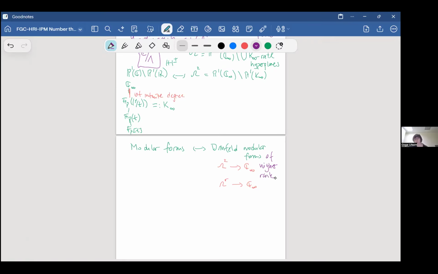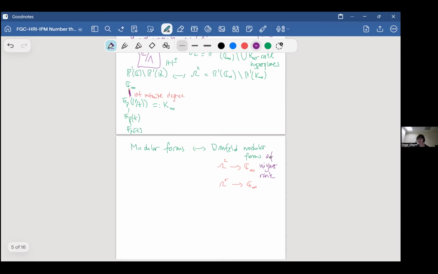And this is something that has no direct counterpart in the classical setting. Unlike the classical setting, we can define modular forms of higher rank, because this extension allows us to define the moduli space of Drinfeld modules of any rank.